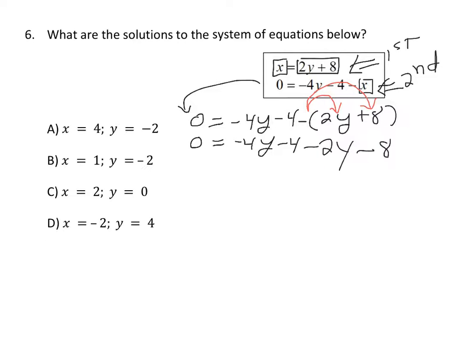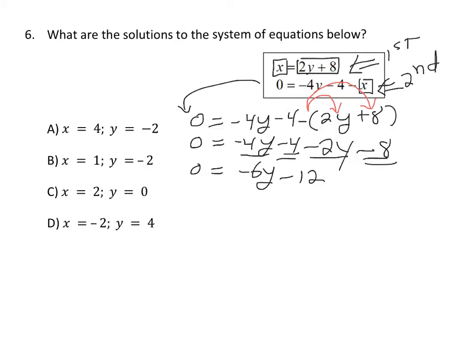Then we look at like terms on the right-hand side of the equation. On the left-hand side, you only have 0. If we combine, we have a new equation: negative 4y plus negative 2y is negative 6y. And we also combine the other like terms, negative 4 and negative 8, which gives us negative 12.